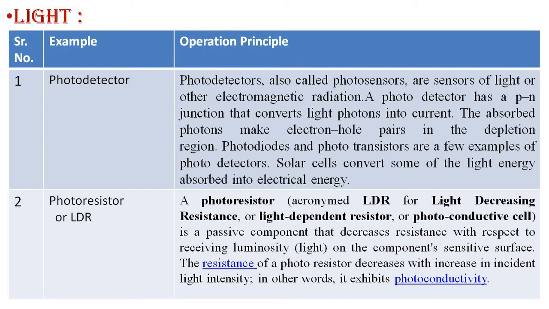Next, photoresistors and LDR. A photoresistor, whose short form is LDR, is also known as a light dependent resistor or photoconductive cell. It is a passive component that decreases its resistance with respect to the luminosity received on the component's sensitive surface.